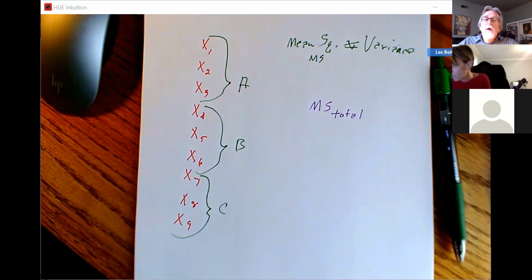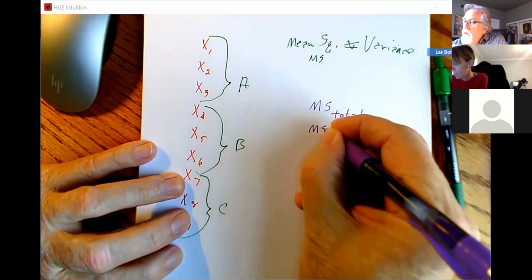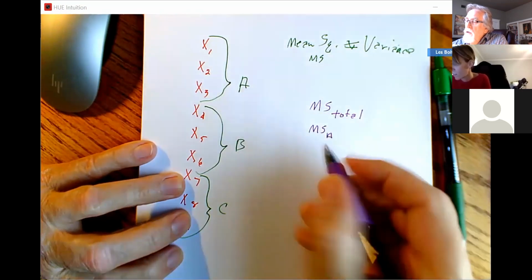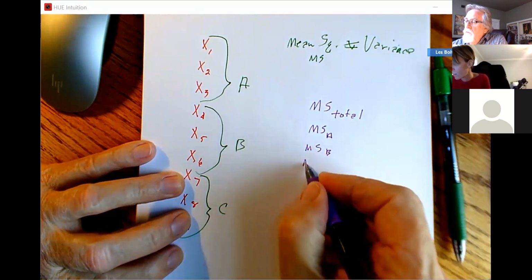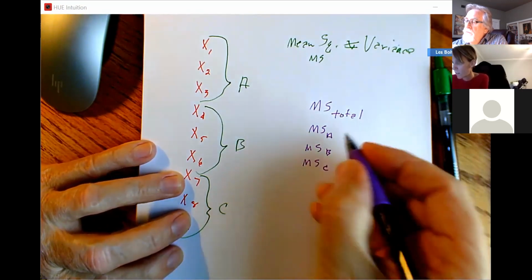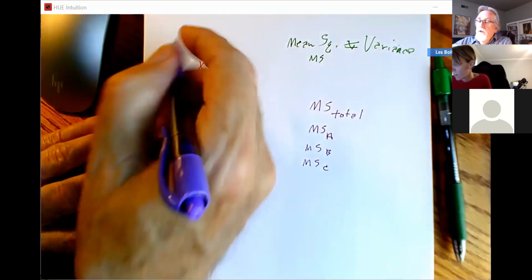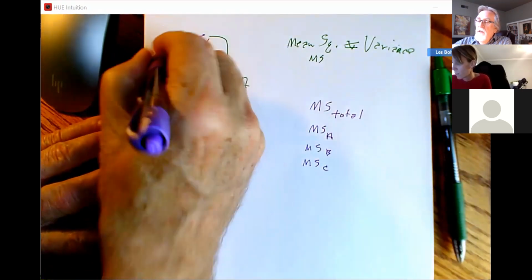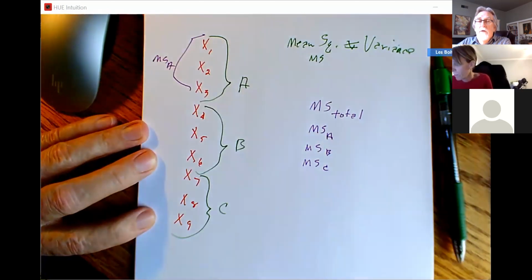Now, we could also find the mean squares for group A, the mean squares for group B, and the mean squares for group C. So if we just looked at, say, the first 3 elements, this would be mean squares for A. We found the variance of that.